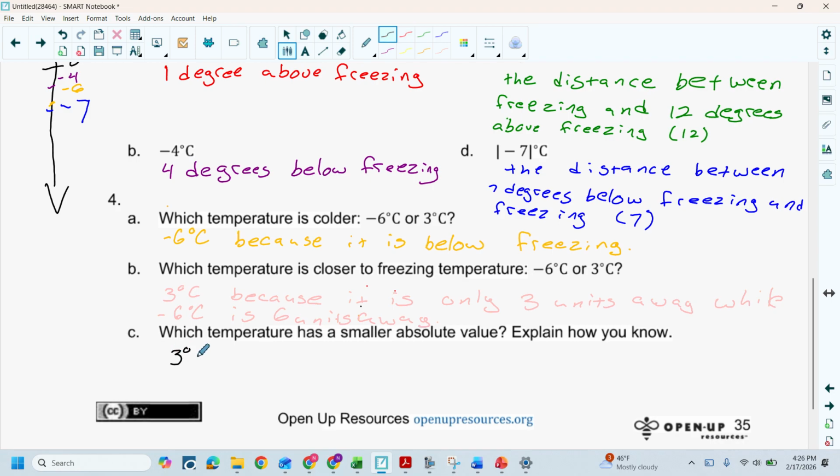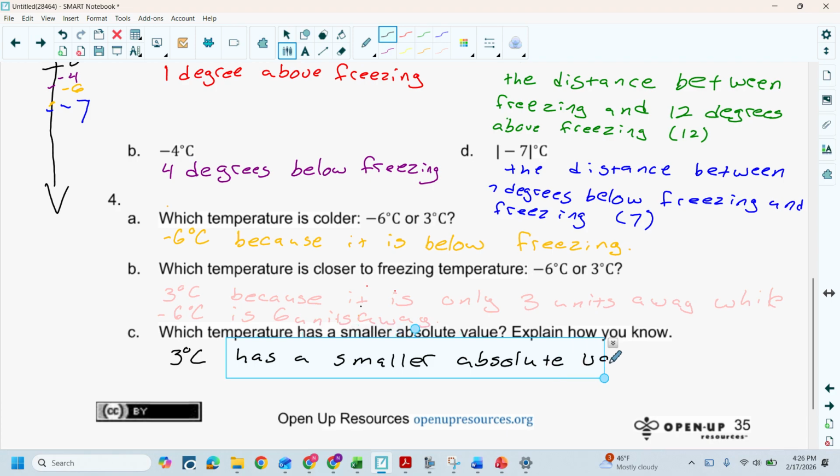Three degrees has a smaller absolute value, because it is closer to 0.